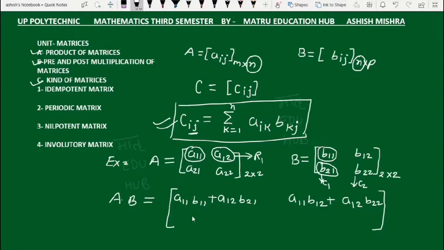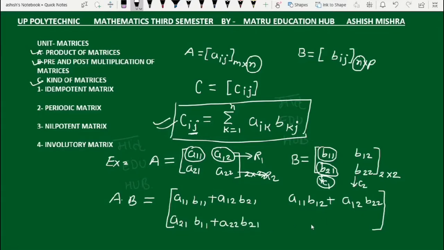This is C21, second row first column. We take second row and first column elements, that is A21 B11 plus A22 B21.